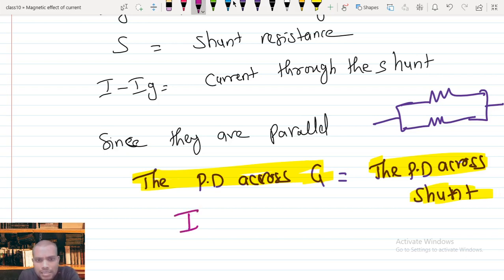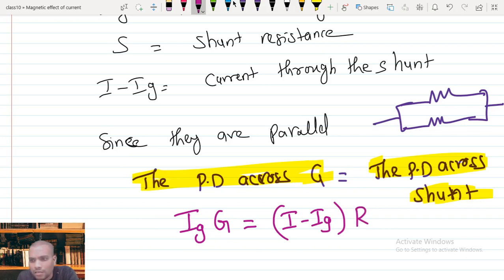So Ig is the current in the galvanometer and G is the resistance of the galvanometer, which is equal to I minus Ig, the current across the shunt resistance, times S, the shunt resistance. I have written this from Ohm's law, V equal to IR, since we need to write the potential difference.